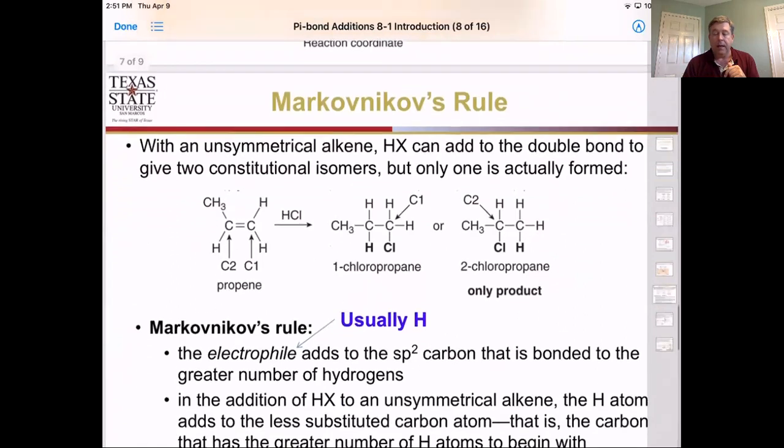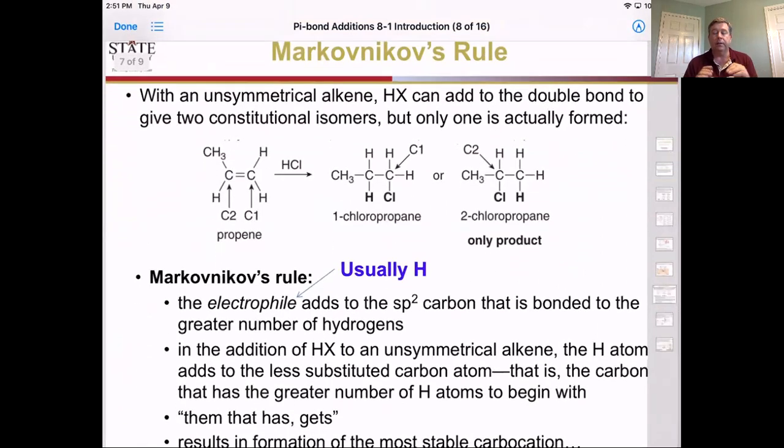Okay, now how do we know which side it's going to go on? Which side is the hydrogen going to go on first? We have a rule for this, and it's called Markovnikov's rule. In an unsymmetrical alkene, the acid is going to add across the double bond, giving a specific product, okay?